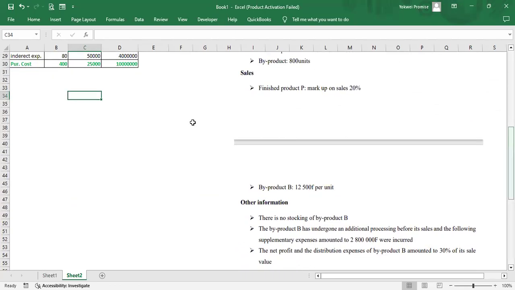So we'll start with, you say, we show calculation of the production cost. The first thing that we'll start with will be inventory valuation.